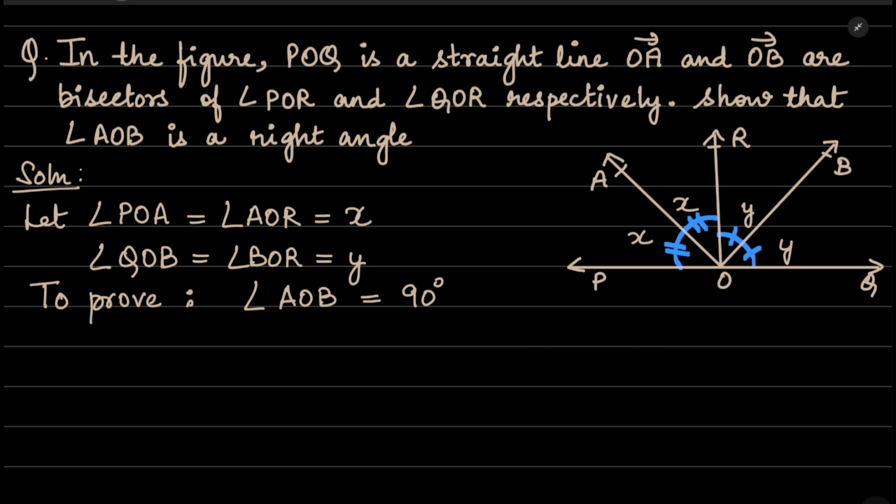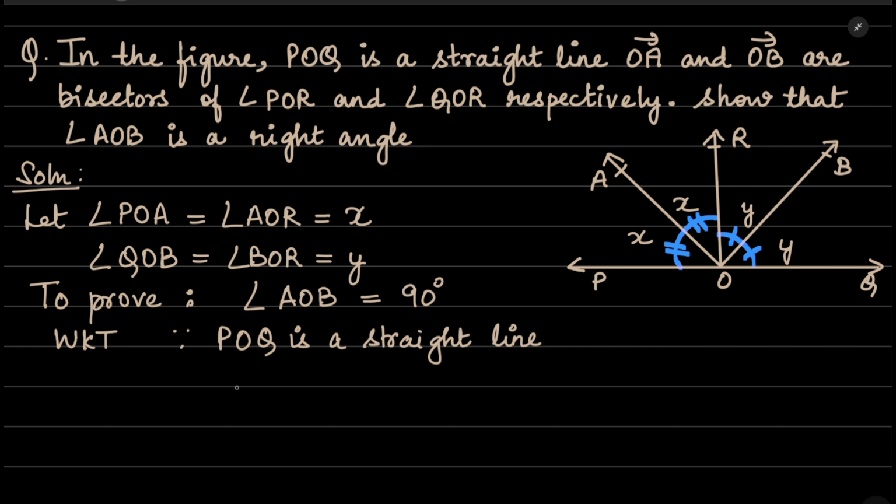Now, you already know in the very first place that POQ is a straight line, right? Since POQ is a straight line, the sum of angles in a straight line is always 180 degrees.